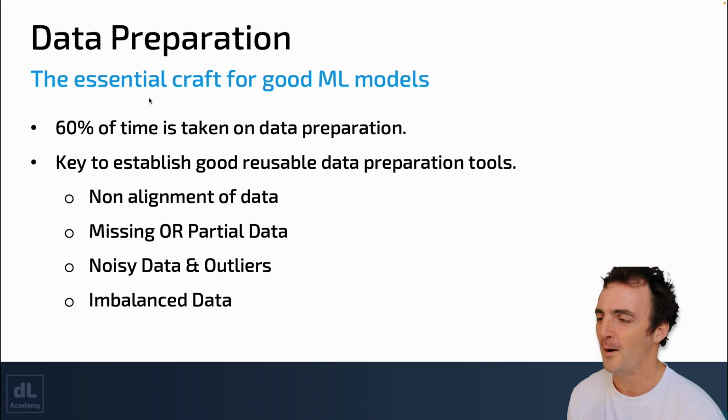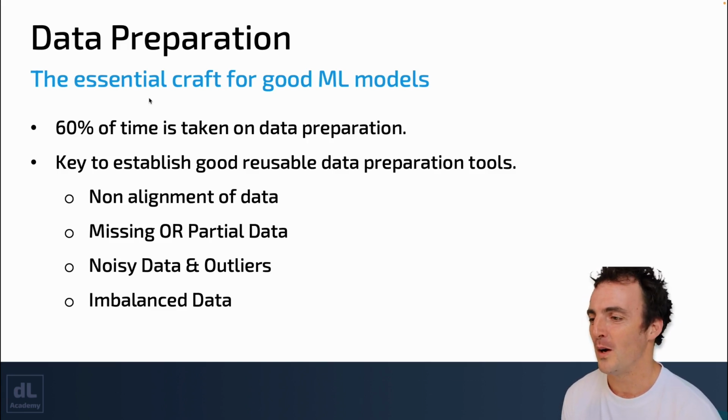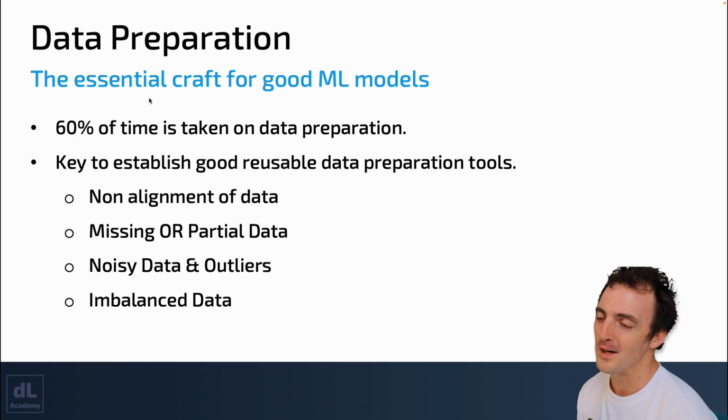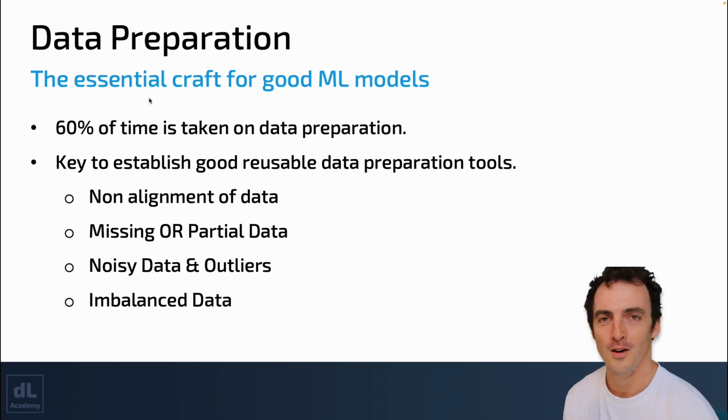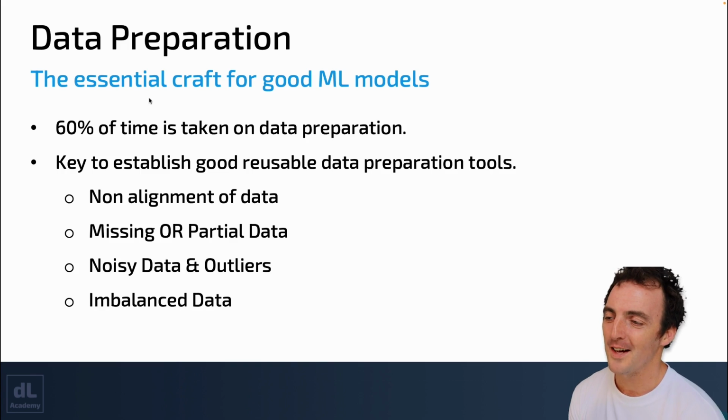Missing data, I'll show you some of the things that I've had in my data sets that are either missing or labels that you wouldn't expect. Partial data, dealing with partial data is a machine learning problem in itself, or can be. Noisy data, really common. Physical systems are inherently noisy, so you've got to handle that. And then interestingly, outliers that go with that. Noise is random noise that you should be able to deal with.